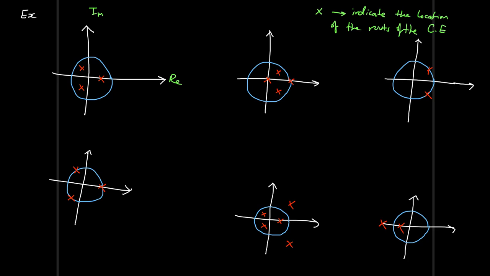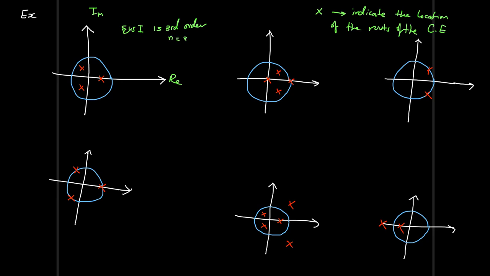So the first thing here, system 1 is third order. Why? Because I'm having 3 poles, so the system is third order.